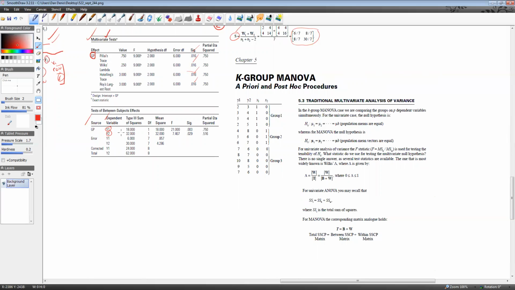Now, why would you want to do these tests? We started off with a multivariate hypothesis because in our example, we want to look at quantitative and verbal in the same model, right? So, we did Q and V together. So this is y1 and y2 across the grouping structure 0, 1.